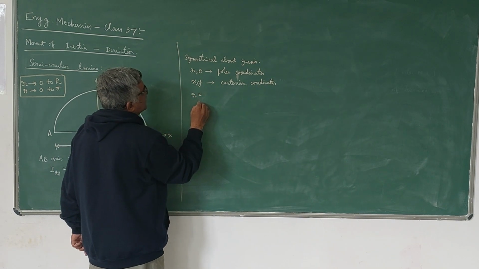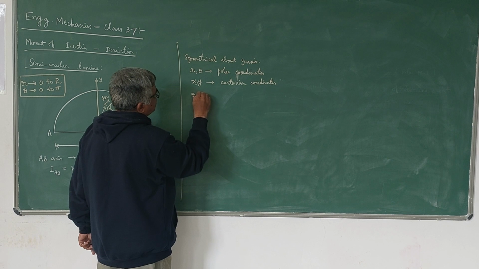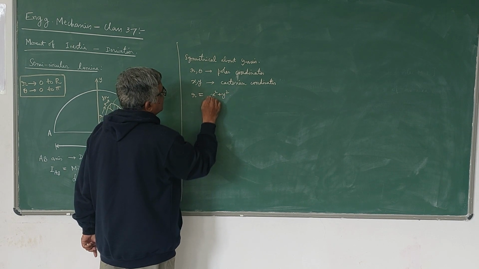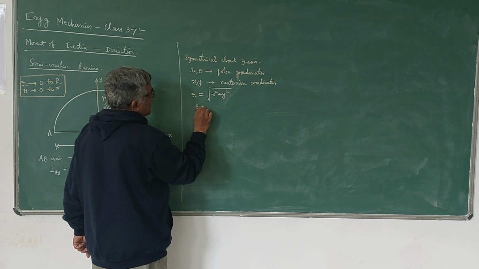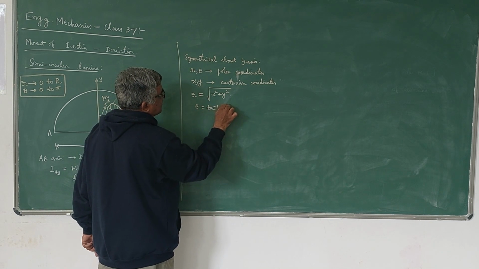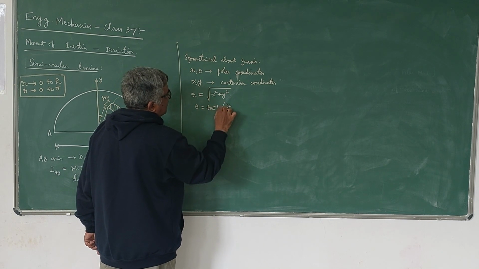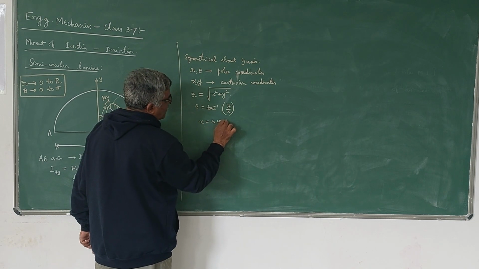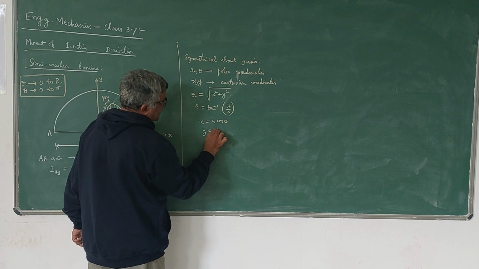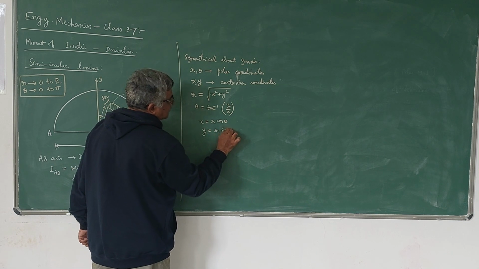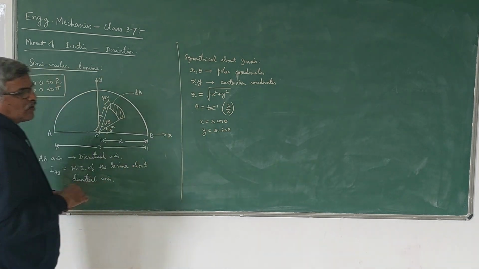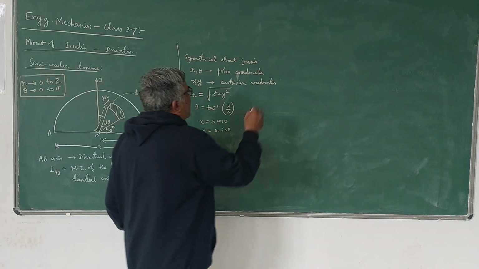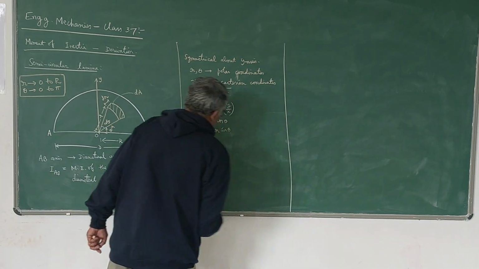The relationship is r equals the square root of x squared plus y squared, theta is tan inverse of y by x, x is r cos theta, and y is r sin theta. This is the relationship between the Cartesian and polar coordinates. Using these relations, we can always derive the expression for the moment of inertia.